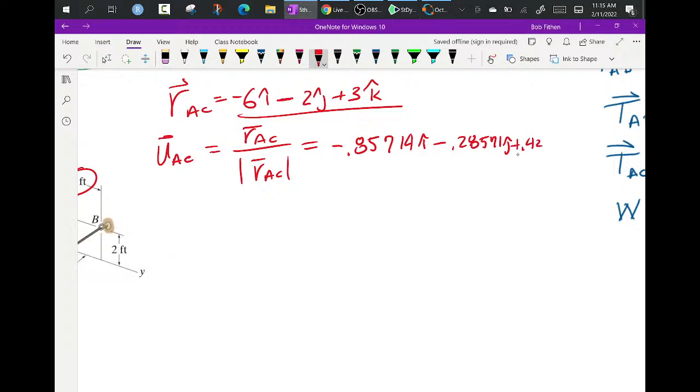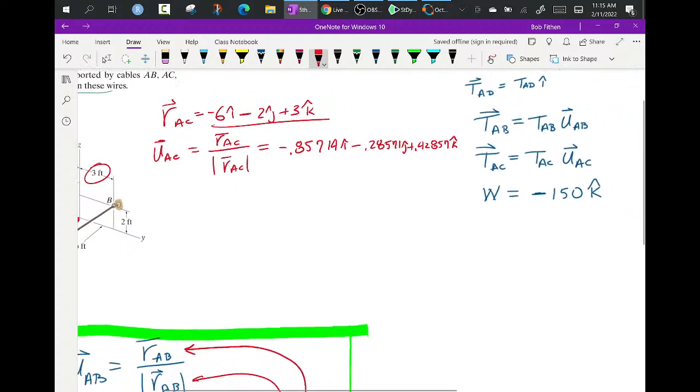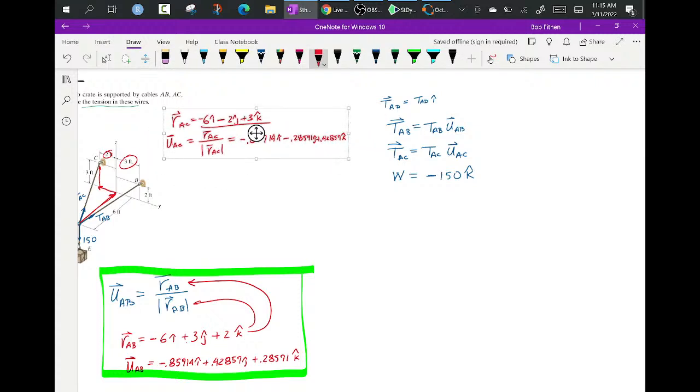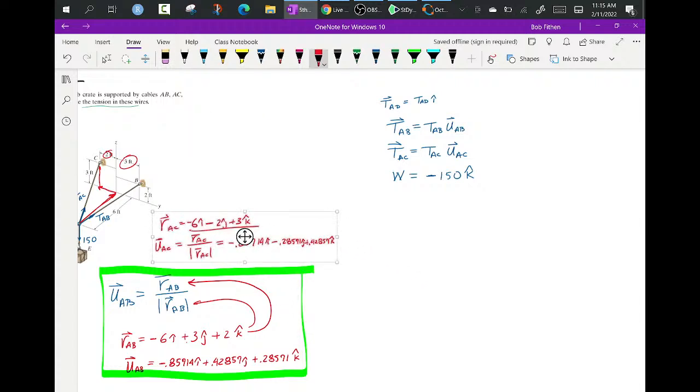So it's 0.42857, and so I've got it. Now, I guess this one was a little longer than that one, but the beauty is, shrink it down. I'll kind of put it right there.